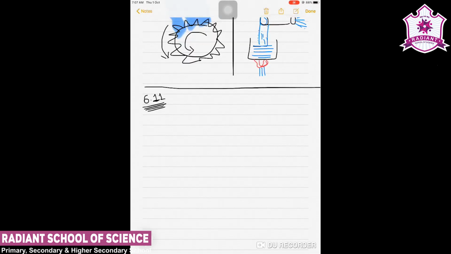Example 11 is given. The information is that Kamla pedals a stationary bicycle. The pedals of the bicycle are attached to a 100-turn coil of area 0.10 meter square.